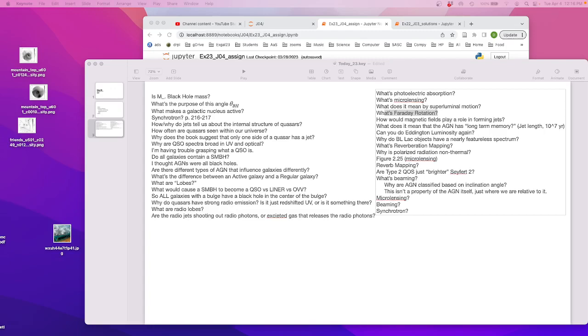Why do BL-lac objects have a nearly featureless spectrum? It comes back to this beaming idea. I've got beaming from the jet, and for a BL-lac object, the jet is pointing straight at me, so I'm seeing all of the relativistic velocity of the material in the jet.